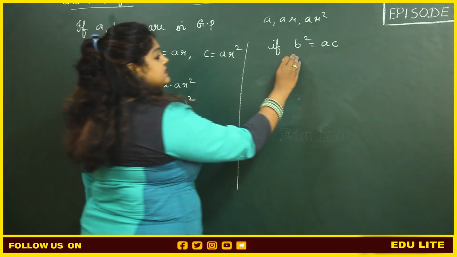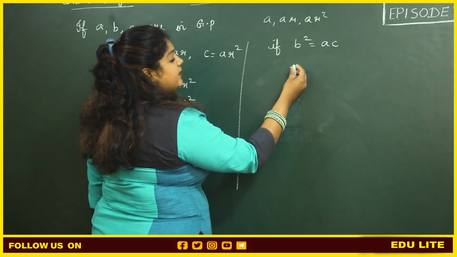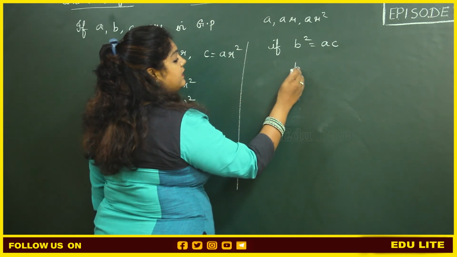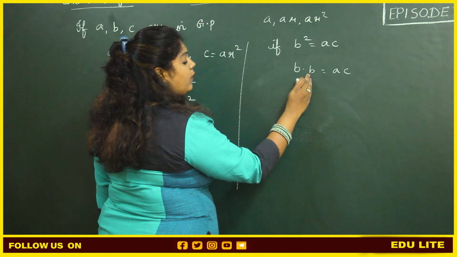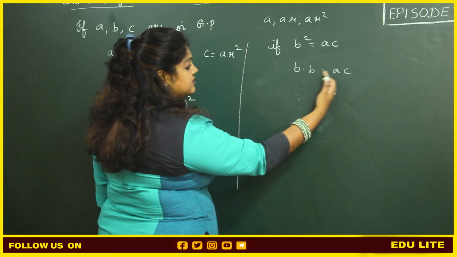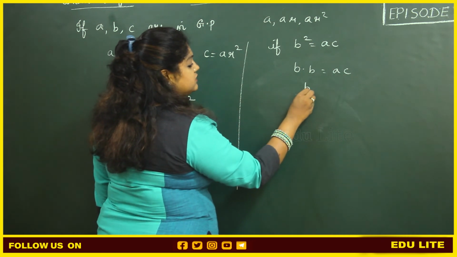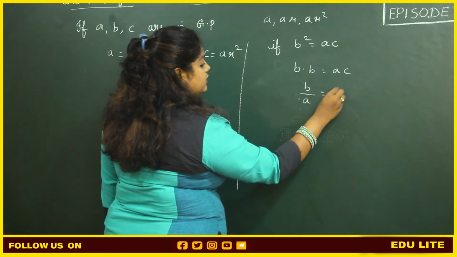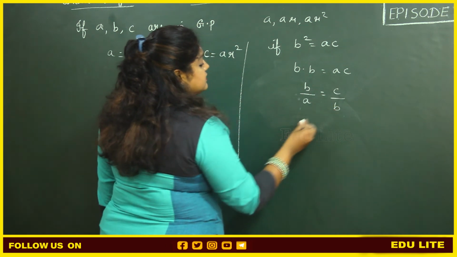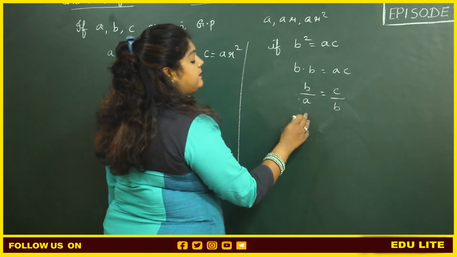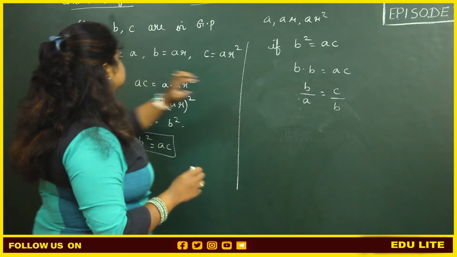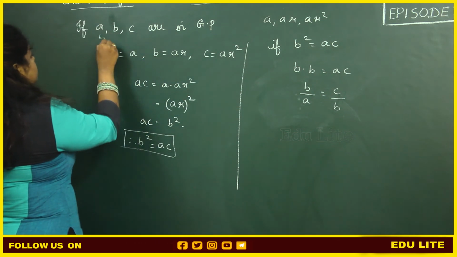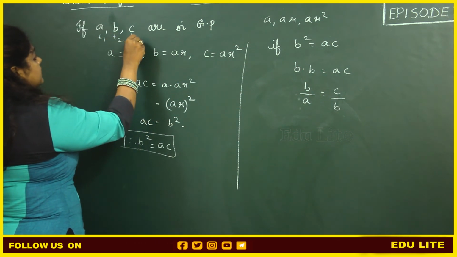Therefore, if B square equals AC, this B square can be written as B into B equals A into C. One B I will take to the other side and this A I will take to the other side. So it will become B by A equals C by B. This implies that A, B, C are in GP. How do I say that? This is term 1, term 2, term 3.